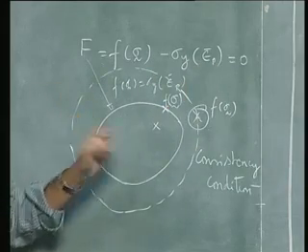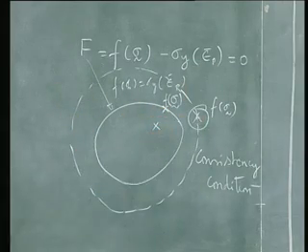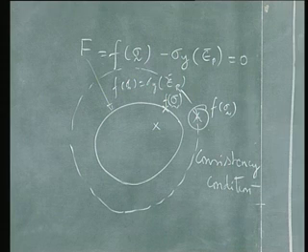So points can lie only on the yield surface, right. So this is what is called the consistency condition.